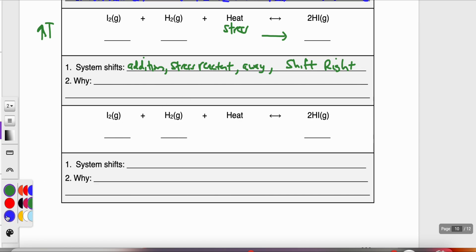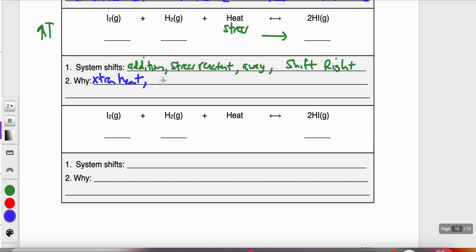Now, why does this happen? Well, it's an addition. The system was forced to have an increase in the temperature. That means more heat was added. So now the system has extra heat.